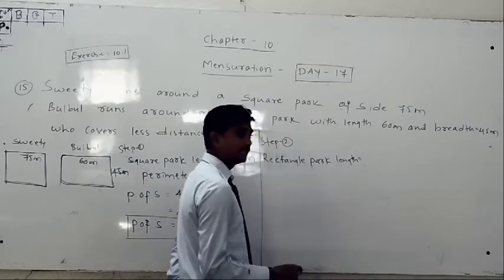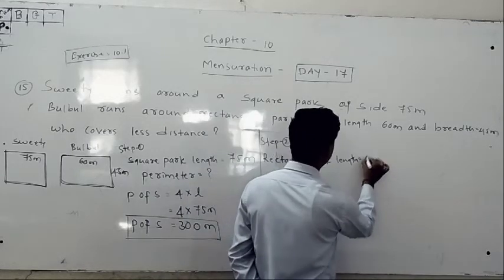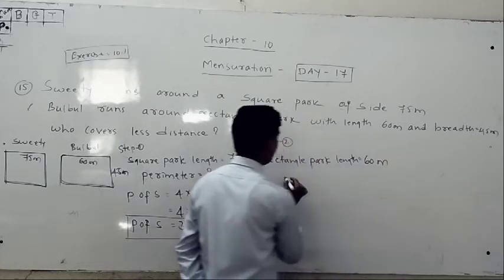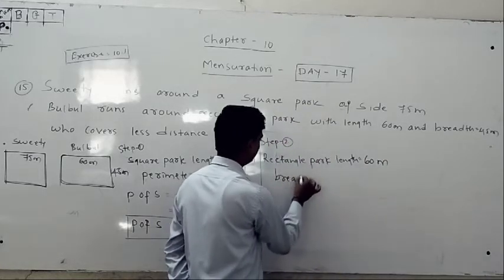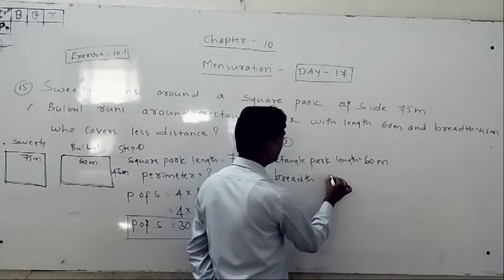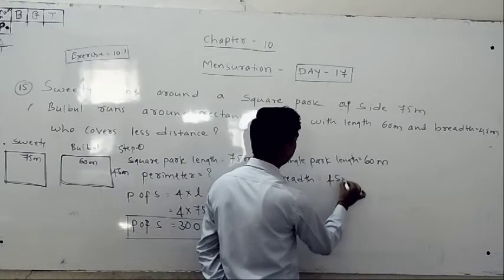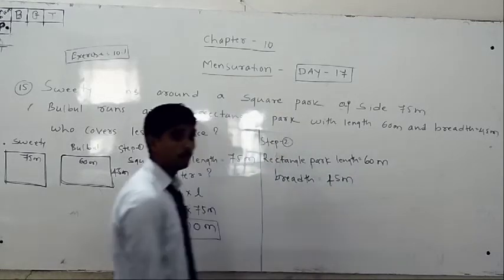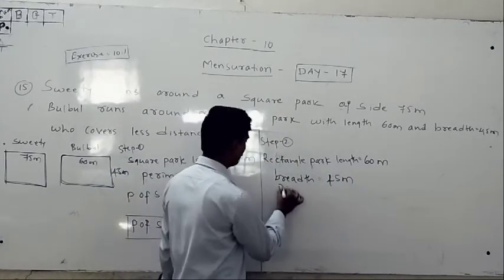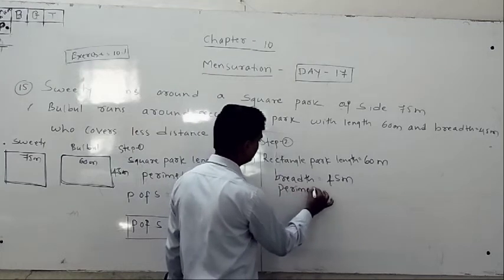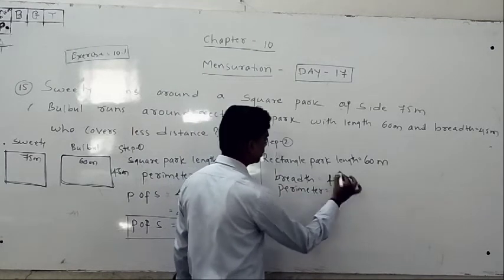Rectangle park length is how much? 60 meter. And breadth is 45 meter. Then what is the formula? Perimeter we don't know. Perimeter is equal to question mark.